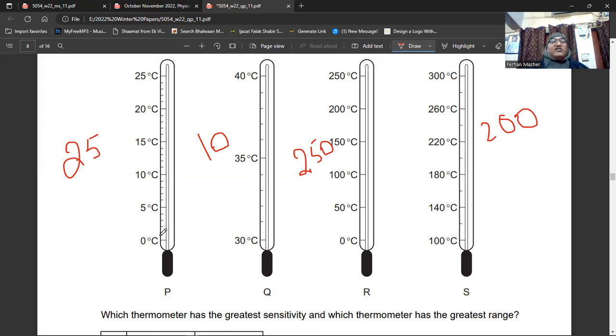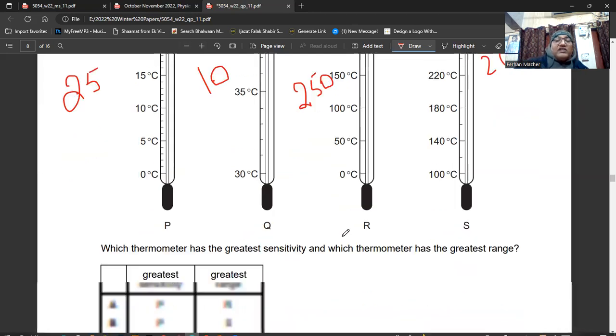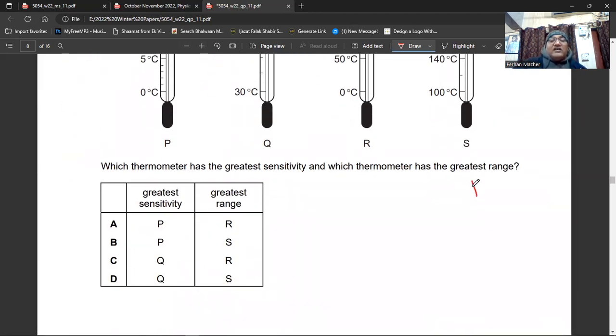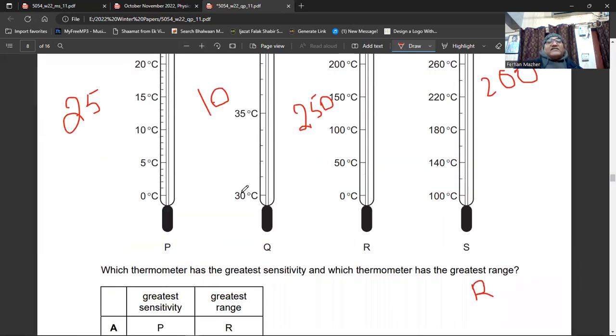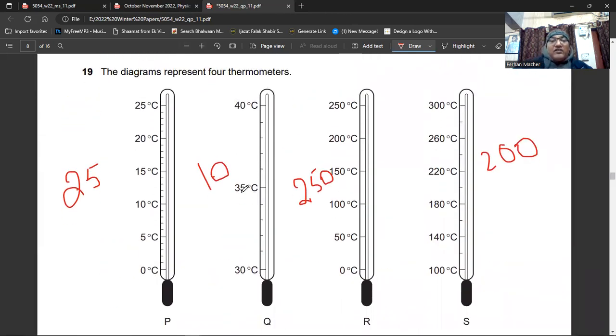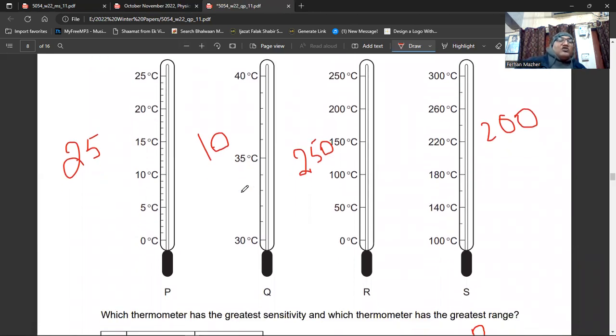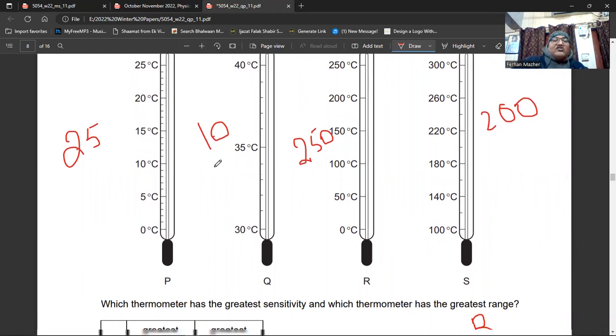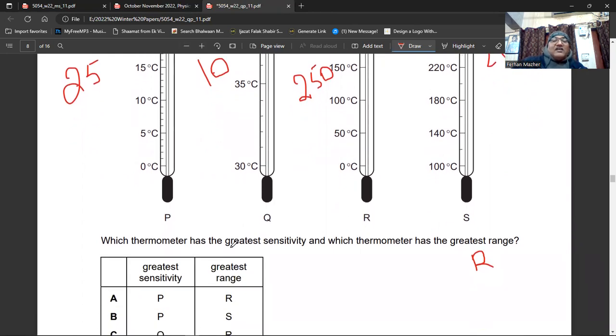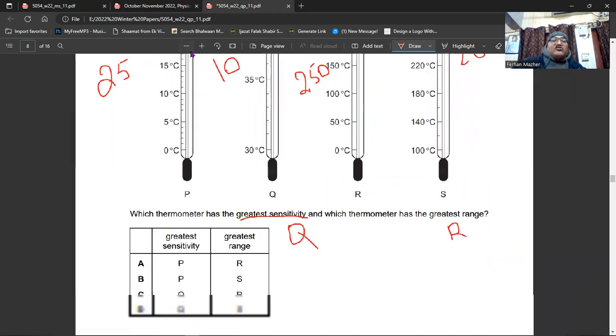So the greatest range is in R. And which is more sensitive? The thermometer with the least range is more sensitive because it shows a larger change in the length for every degree rise in temperature. So 30 to 40, its range is 10, so it will be most sensitive. The greatest sensitivity will be Q, because it will show a larger change.